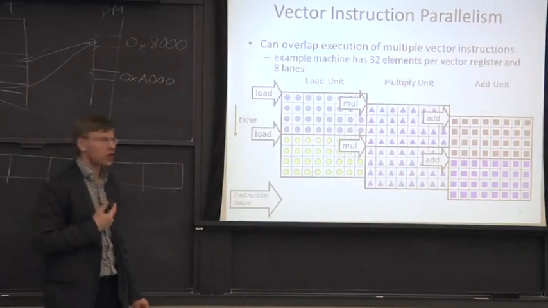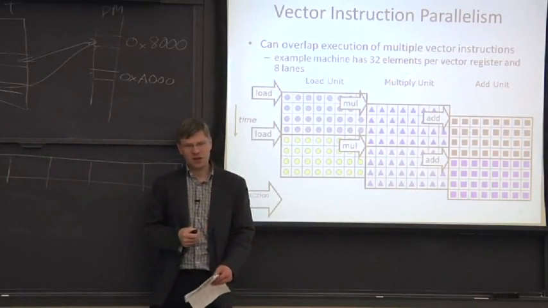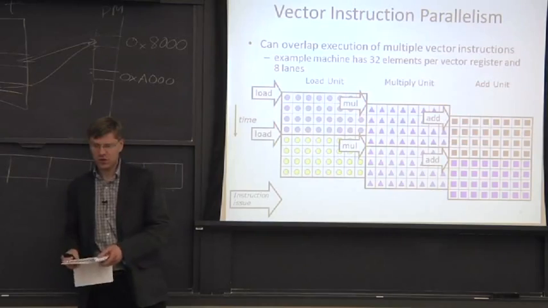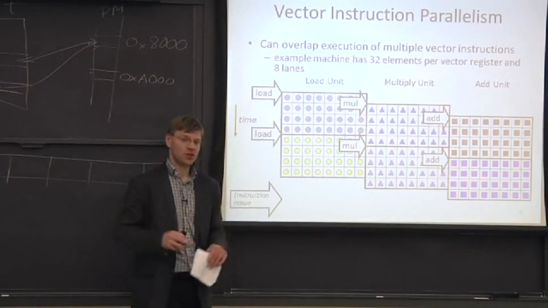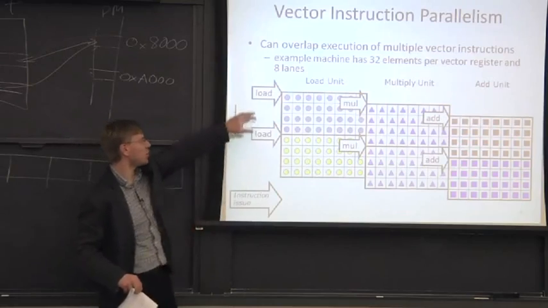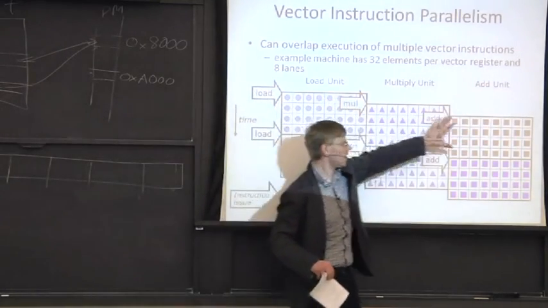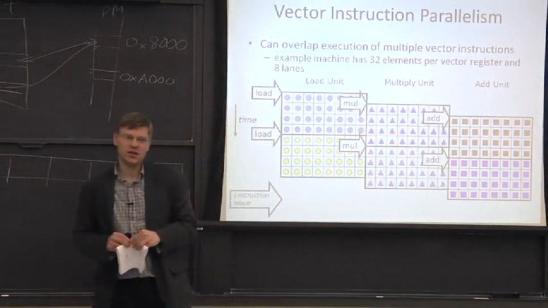So here's an example where we're executing 32 elements as our vector length. And we actually have multiple copies of the functional units. And we have multiple function units. So we can overlap different executions with each other. And we'll look at some more detailed examples in a second.